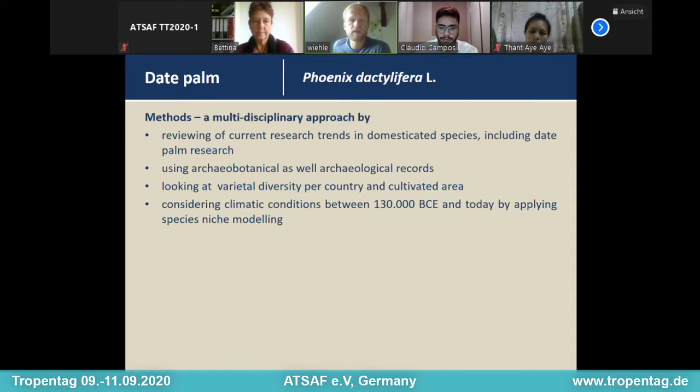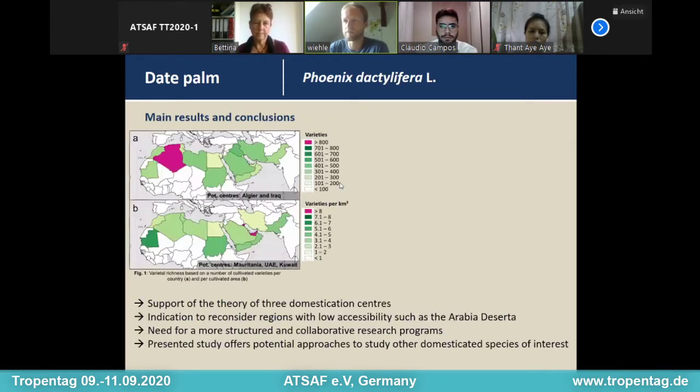We look at varietal diversity per country by following Vavilov's center of origin theory. We further consider climatic conditions between 130,000 years before Christ and today by applying species niche modeling with coordinates of putatively wild accessions of date palm.